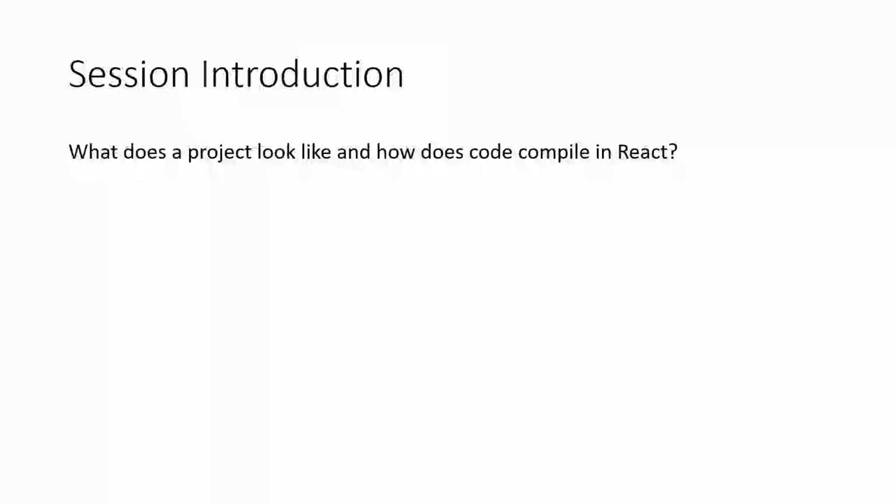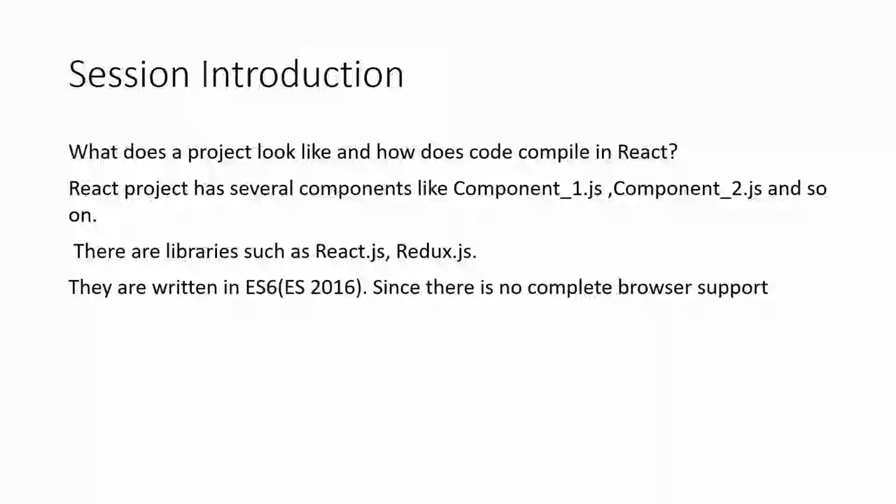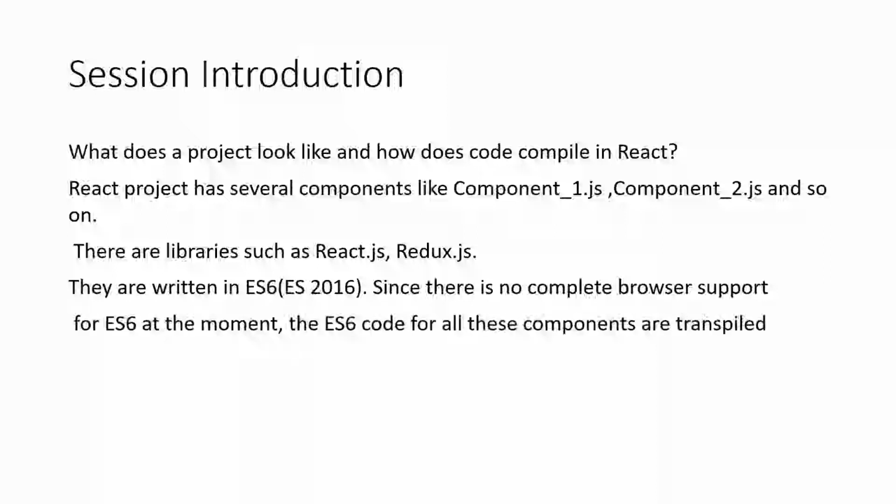What does the project look like and how does the code compile in React? A React project has several components, like component_one.js, component_two.js, and so on. It uses libraries such as React.js and Redux.js, all written in ECMAScript 2016 or ES6 code, but there is no complete browser support at the moment for ES6.